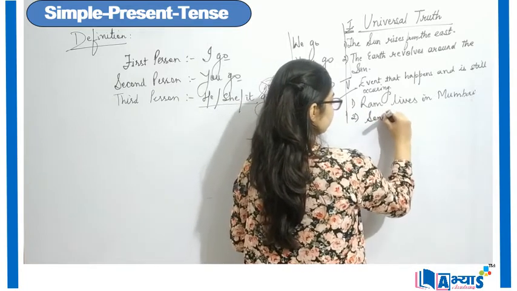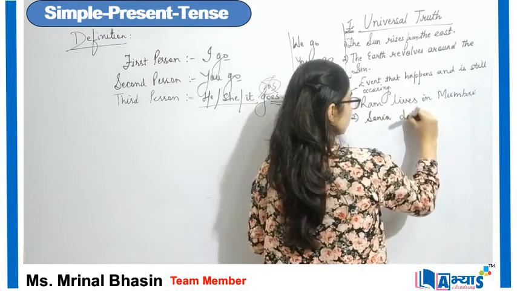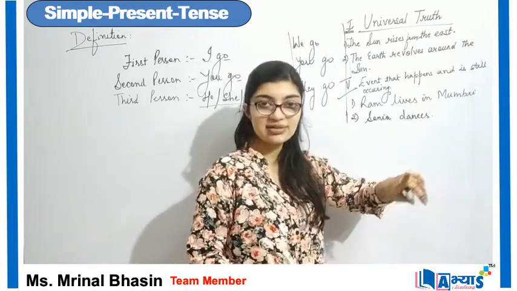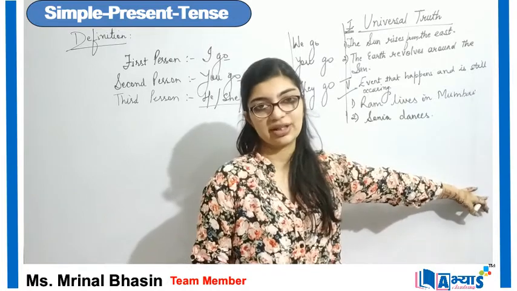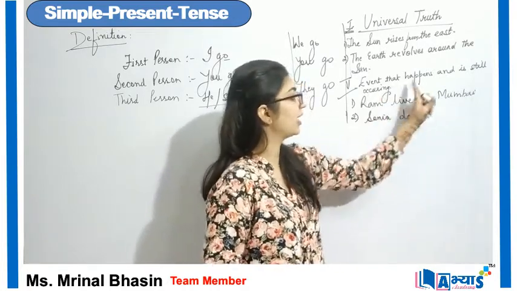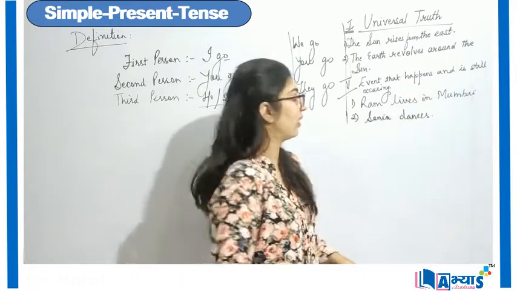Sonia dances. Now Sonia dances, she is continuing dancing. She hasn't stopped that passion. So Sonia dances, an event that happens and is still occurring.